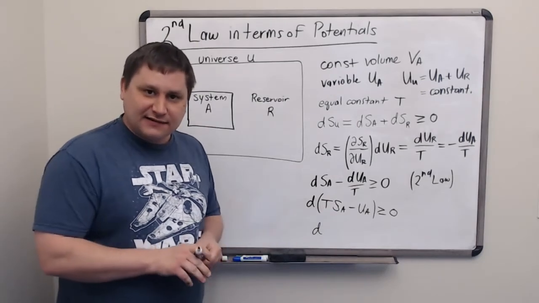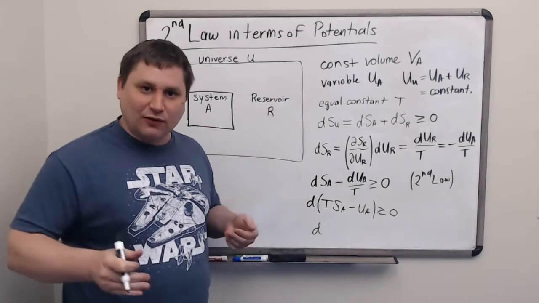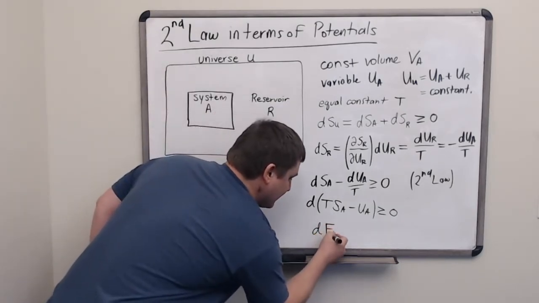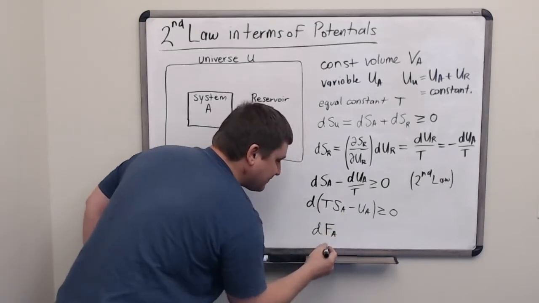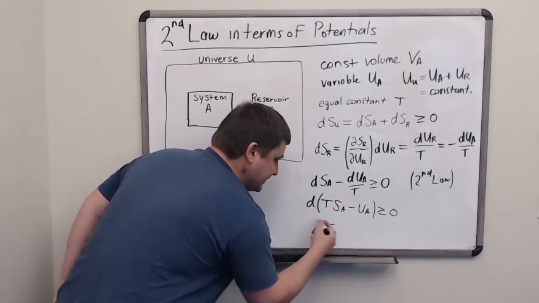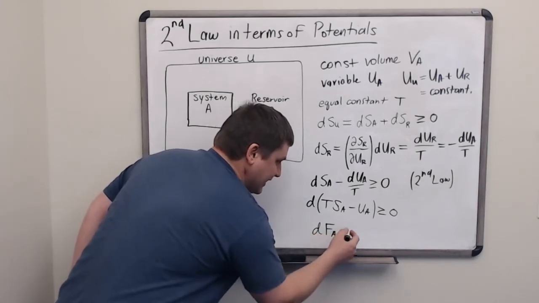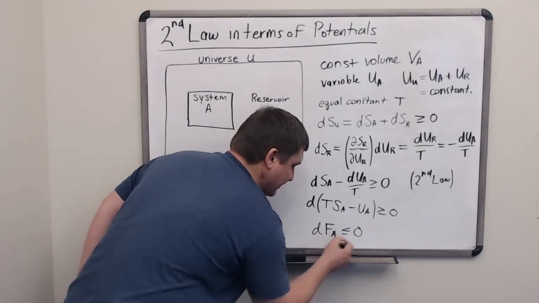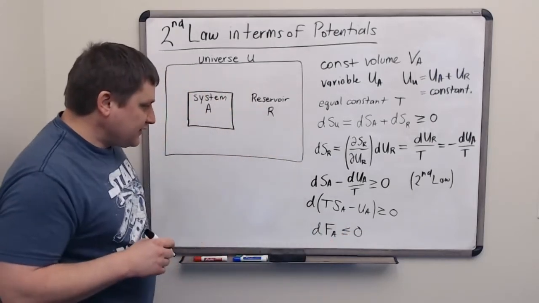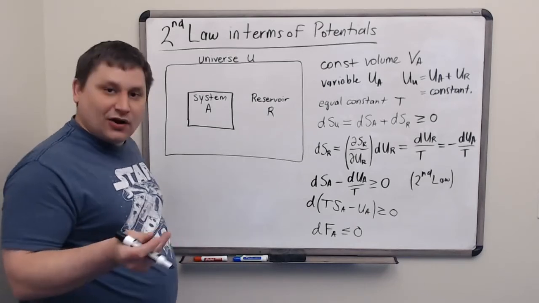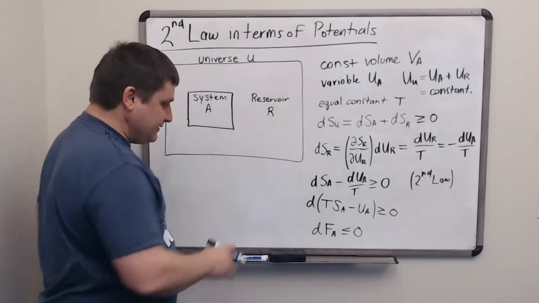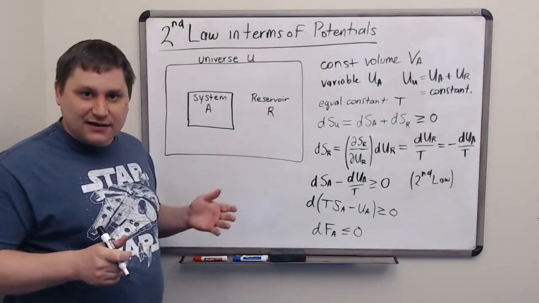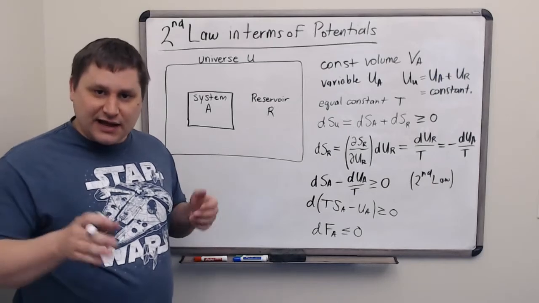And U minus TS is nothing but the Helmholtz free energy of the system A. So this is negative F_A inside the parentheses, so I'll change this to a dF_A on the left and have an overall minus sign multiplication in the equation, which changes the direction of my inequality. So I can reduce this whole second law for this scenario down to a statement that says the Helmholtz free energy of system A can only decrease in any physical process.